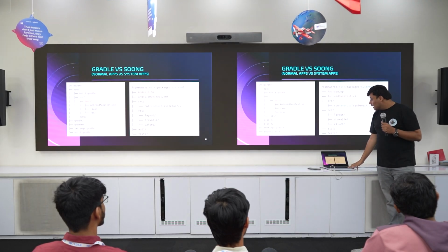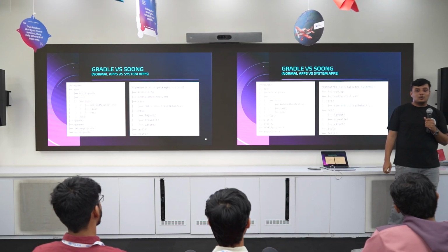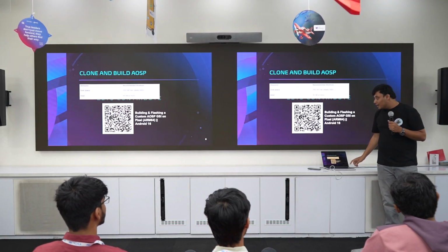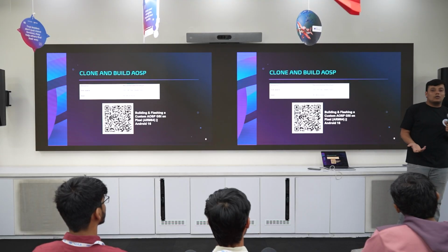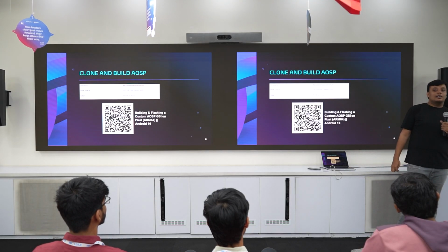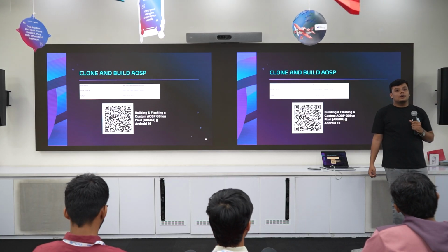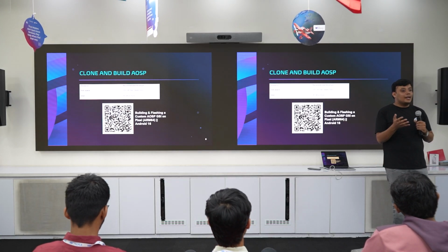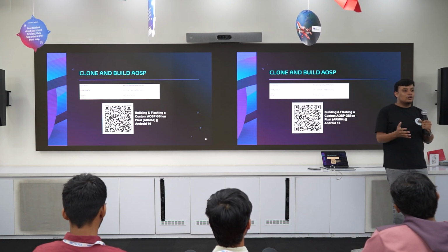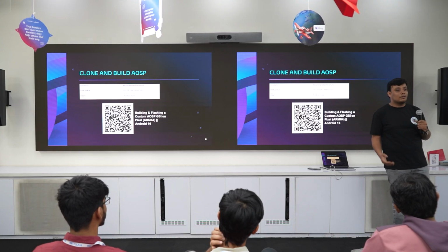So now, given you know the basic stuff, I want to tell you how you can contribute, right? Because theoretically you know all this stuff, but how can you contribute? To contribute, obviously you need the whole code, correct? Normal Android Studio itself needs a good processor and like 16 GB of RAM, right?